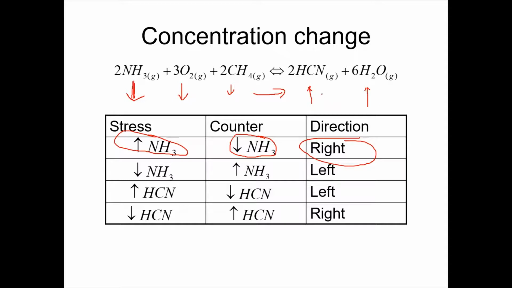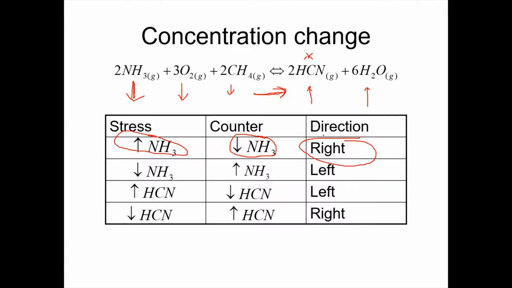So originally I asked the question, what happens to the concentration of HCN when we increase the amount of ammonia? Well, because we increased the amount of ammonia, the reaction wants to decrease it back. In order to do that, the reaction is going to have to go away from it, or to the right.